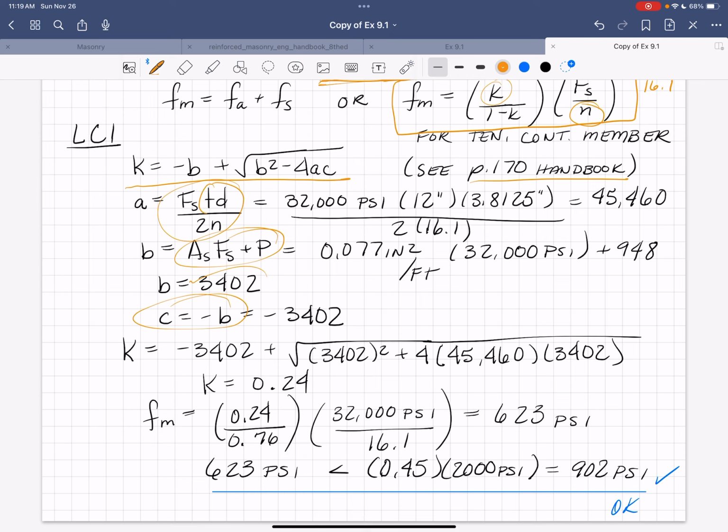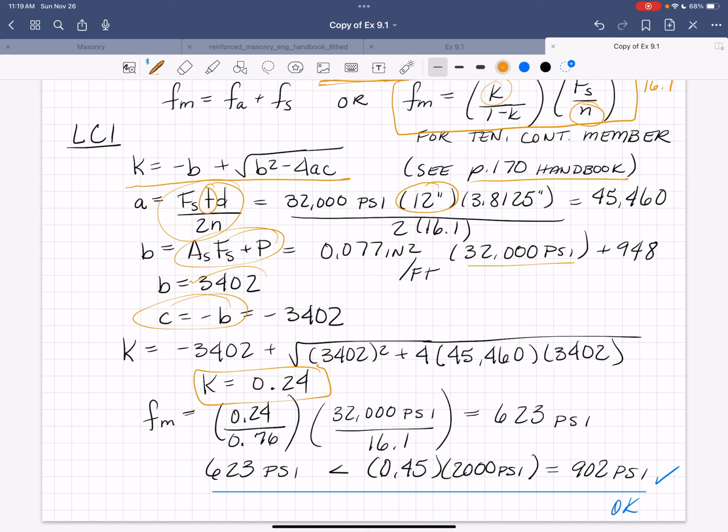Note that the t in this is per foot of wall. Every other term we pretty much have used here. F sub s is this. If I go in my k equation, negative b, b squared, since it's minus 4 and c is minus, I just switch it to plus, and I will get a k of 0.24.